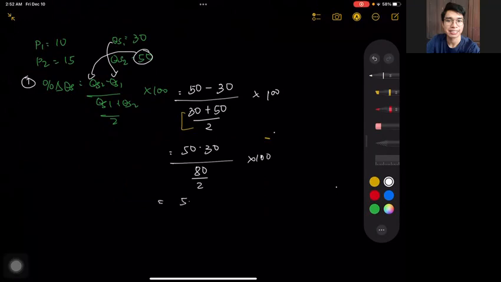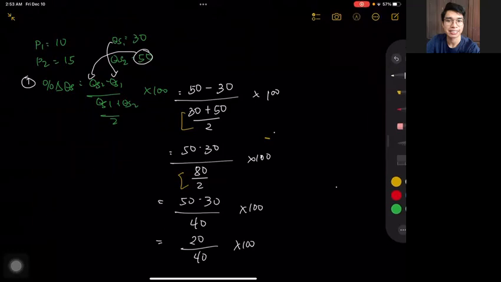So the answer is 50 minus 30. Simplify natin yung fraction pa rin, so magiging siyang 40. 80 divided by 2 is equals to 40 multiplied by 100. So 50 minus 30 is equals to 20 divided by 40 times 100.